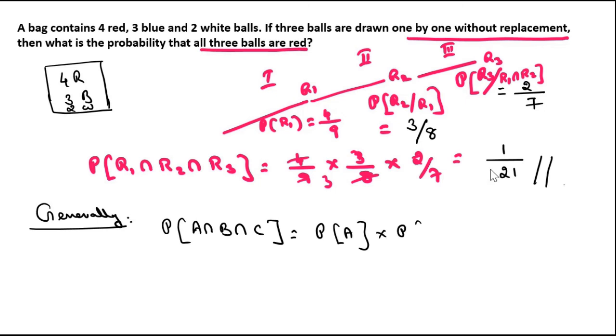Second, A has happened, then what is the probability of B? R2 given R1, B given A. Now third is what? A and B have happened, that means R1 and R2 happened, then R3 has to come. So third is C, given A and B should have happened, so A intersection B. So this we call the extension of the multiplication theorem.